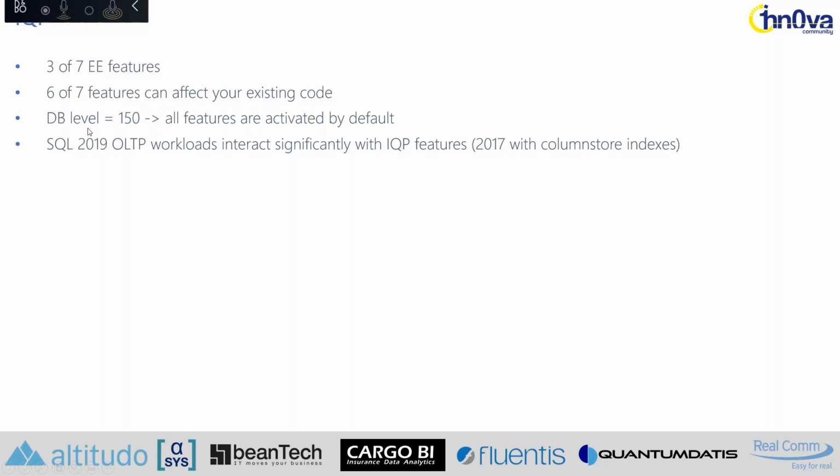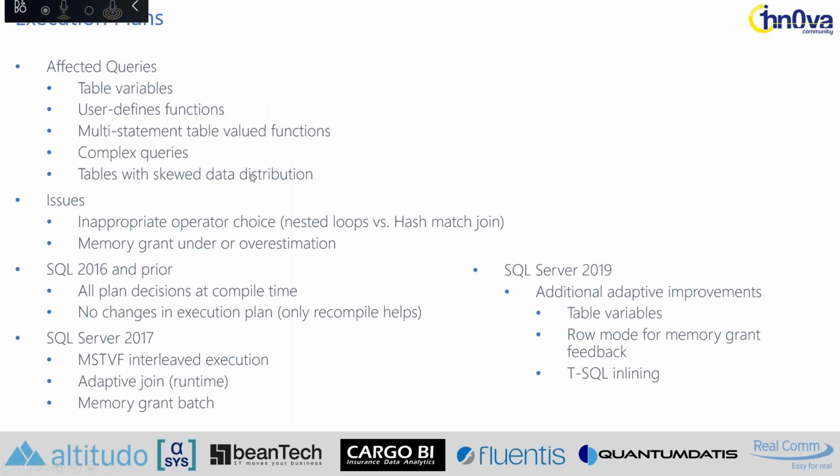And if you migrate to SQL Server 2019, you should be aware that when you update your database compatibility level to 150, all features in intelligent query processing are activated by default. This is something you have to know. And one feature, user-defined function inlining, does not work in SQL Azure, in managed instance or SQL Azure database.